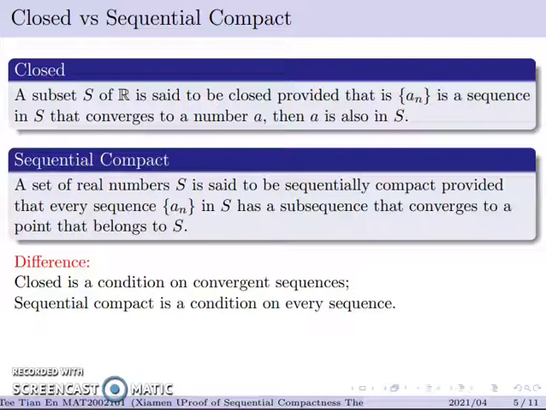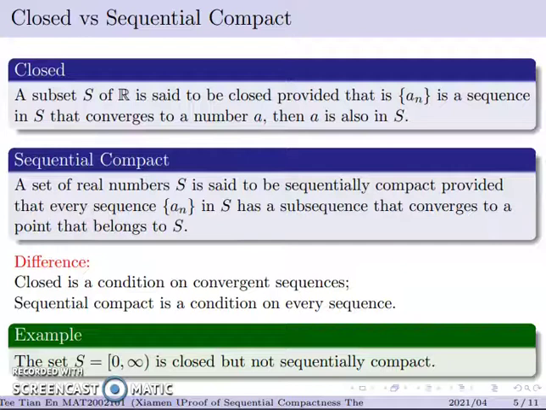But for sequential compact, we want a subsequence of every sequence to converge to a number that belongs to the set itself. So these two have some relationship, but they are different. And this is an example. The set S from 0 to infinity is closed but not sequentially compact. You can prove this just by using the definition.